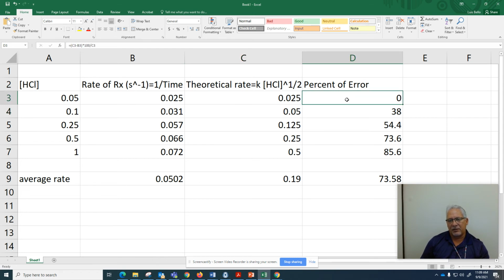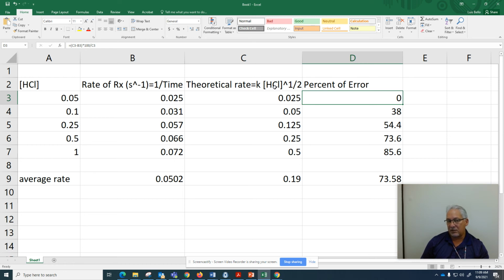For percent error, I did the following. I subtract the experimental rate from the theoretical rate, divide by the theoretical, and multiply by 100. Based on the data provided to me by one of the students, this is the percent error you get on every single one. Again, the way to calculate the theoretical rate will be the same for all of you.